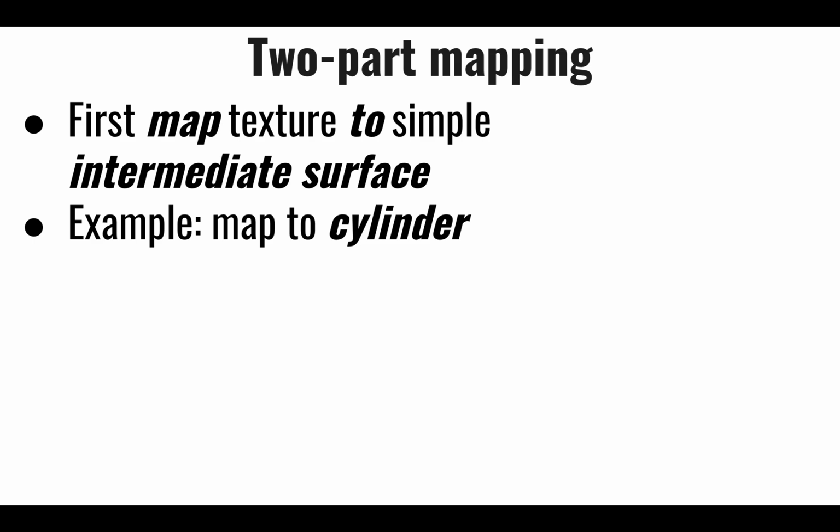Once we've been able to map it to this normalized geometry, we can then determine how to map it to the actual geometry that we want to map it to. So it's going to be a two-step process.